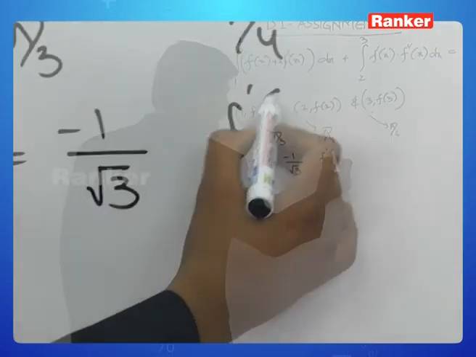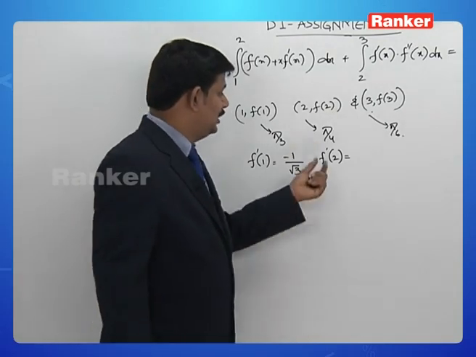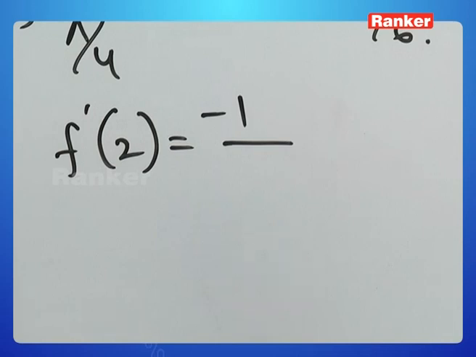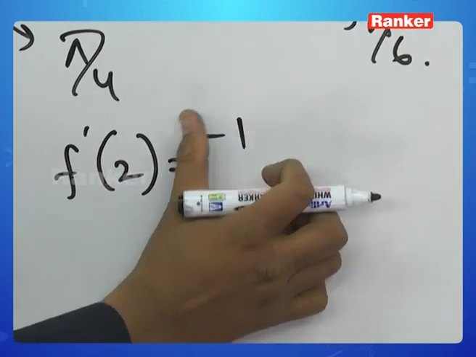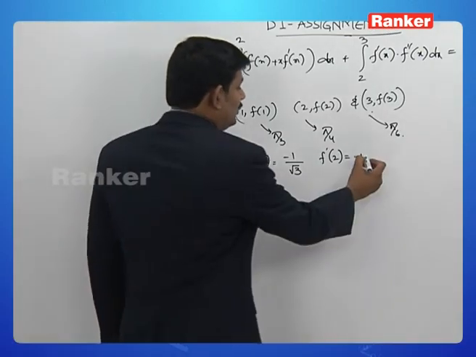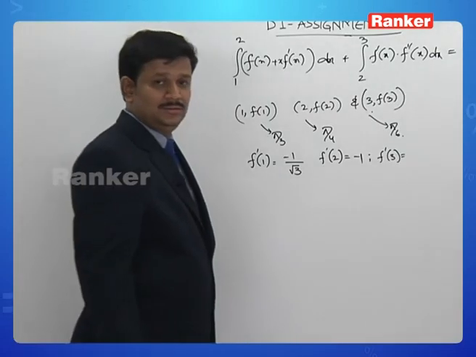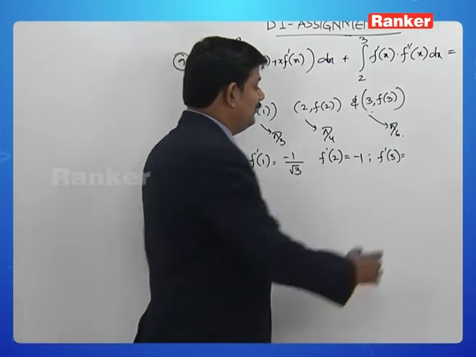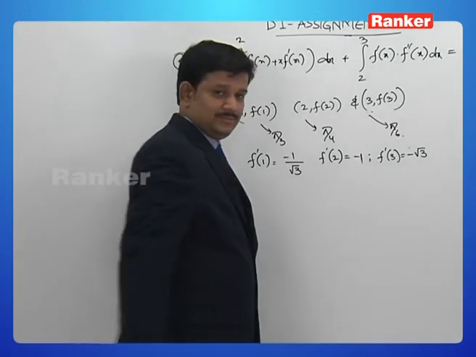Similarly f dash of 2, tangent slope at 2 will be minus 1 by slope of the normal. Slope of the normal is tan pi by 4, 1. So f dash 2 is minus 1. And f dash 3 is minus 1 by slope of the normal, which is tan pi by 6, 1 by root 3, that makes it minus root 3.